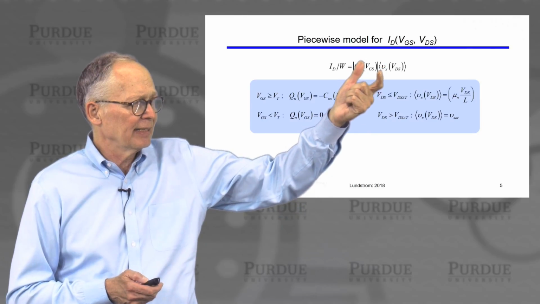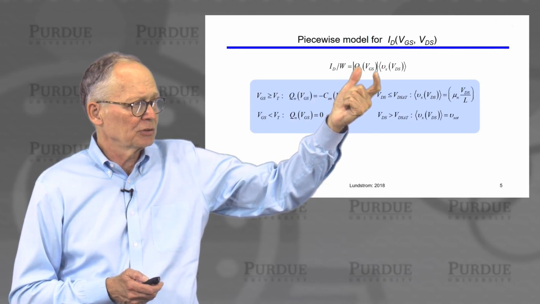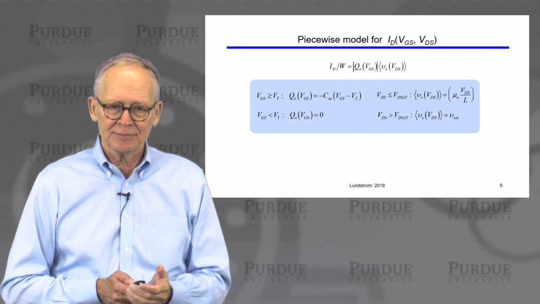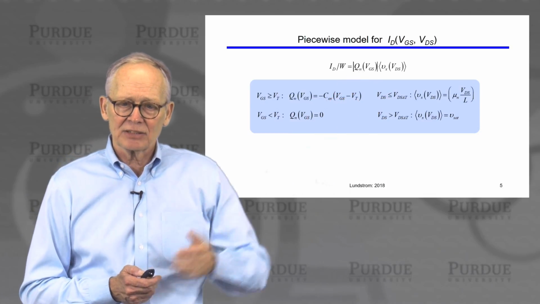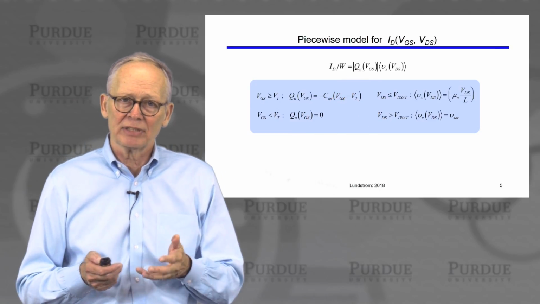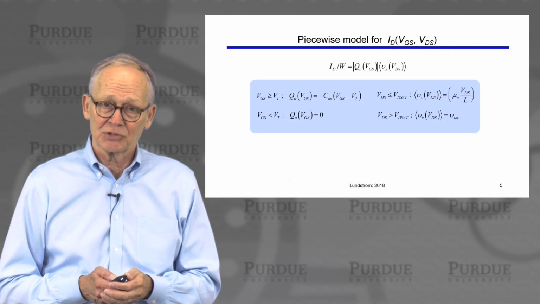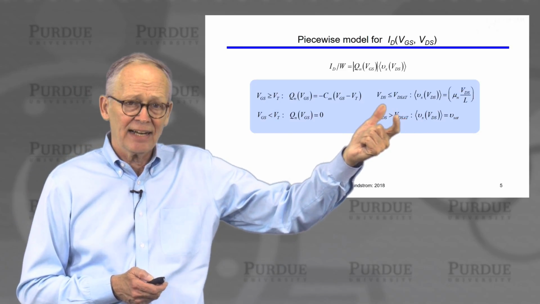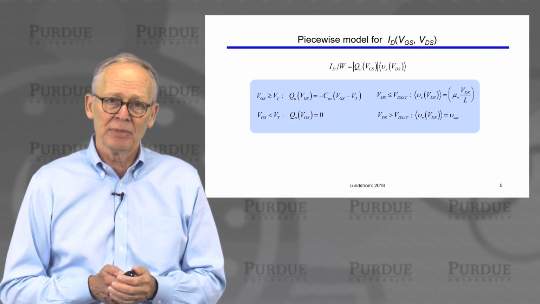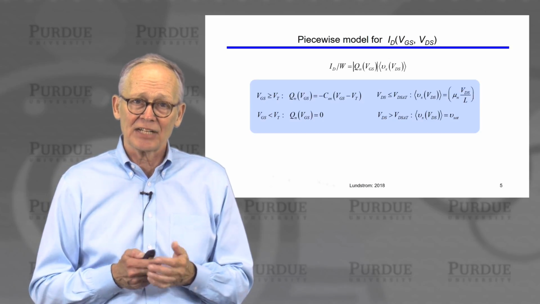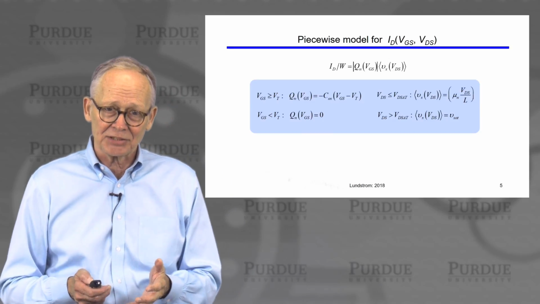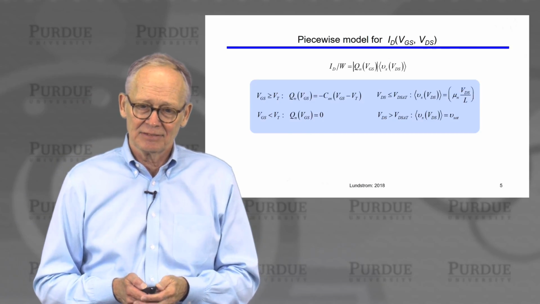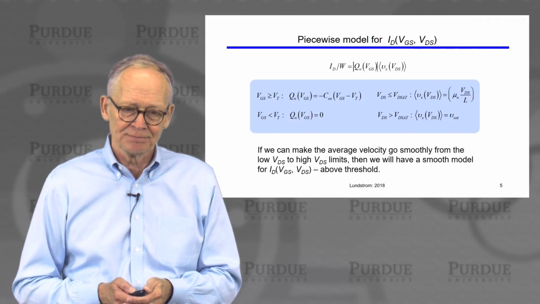The way I'm writing it here is current is proportional to charge times velocity. In the low VDS range, the velocity is just mobility times electric field in the channel. In the high drain-to-source voltage regime, the velocity is just the saturated velocity due to the high electric field in the channel. That saturated velocity we call Vsat.